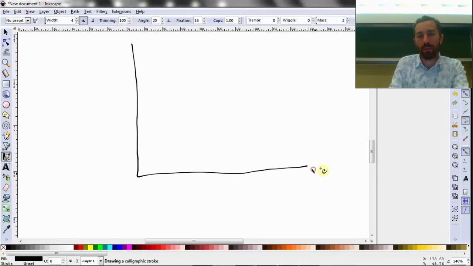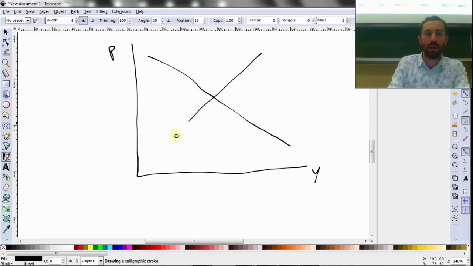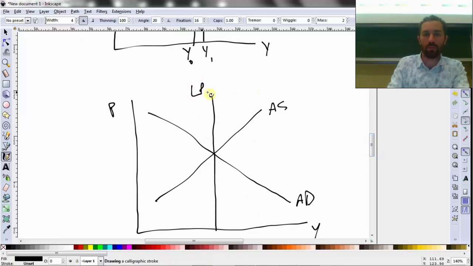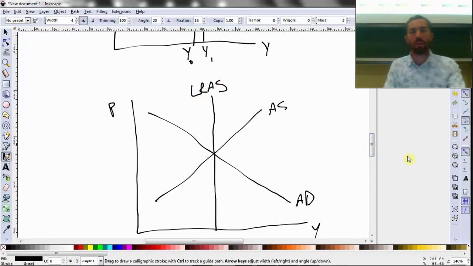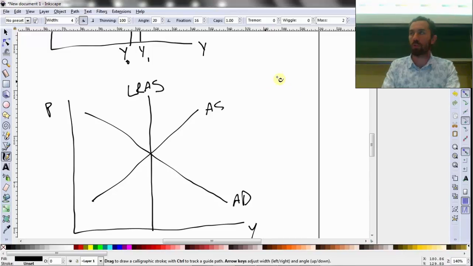I will plot the original diagram that you must work off. It's the ASAD model, plotting price against output. We've got a short run aggregate supply curve, and we've got a long run aggregate supply curve. Now there's expected inflation, but expected inflation is going to be greater than actual inflation.